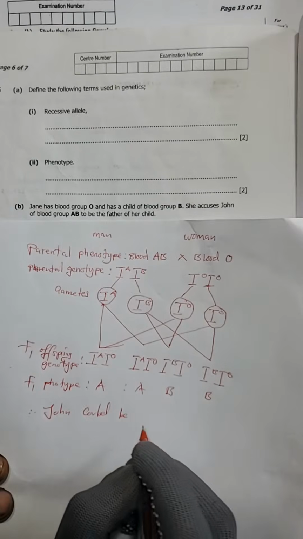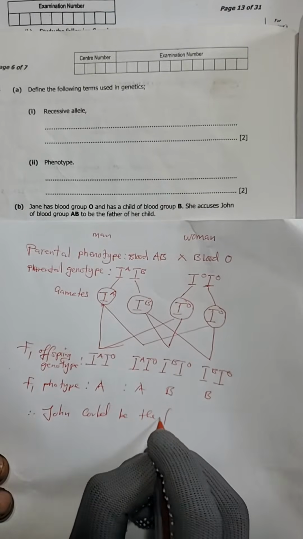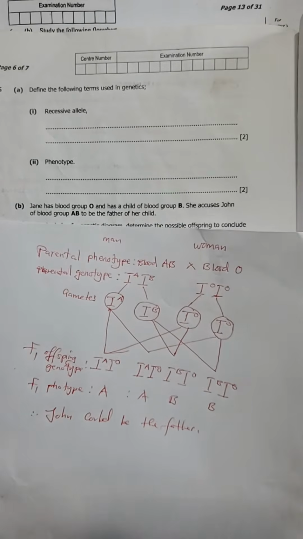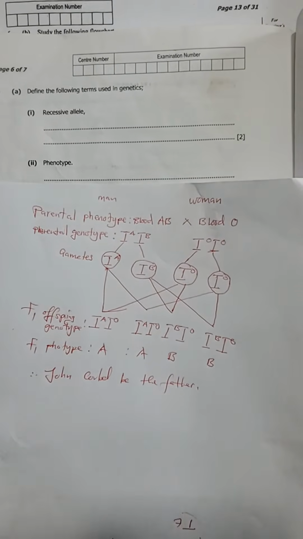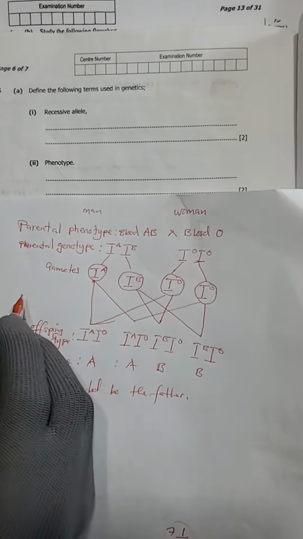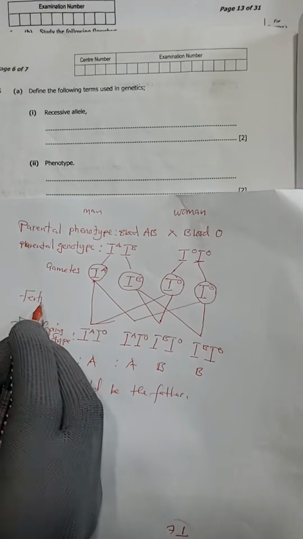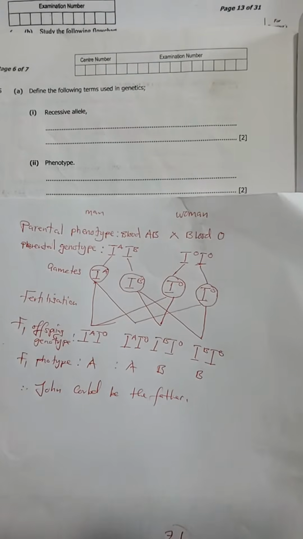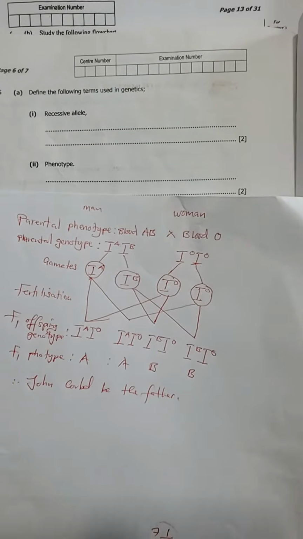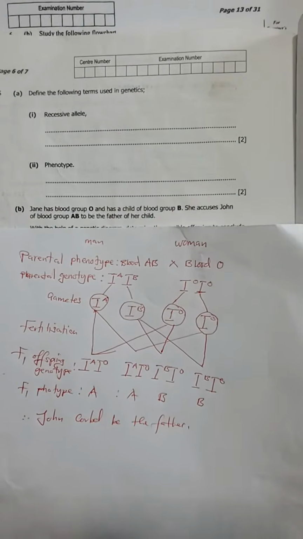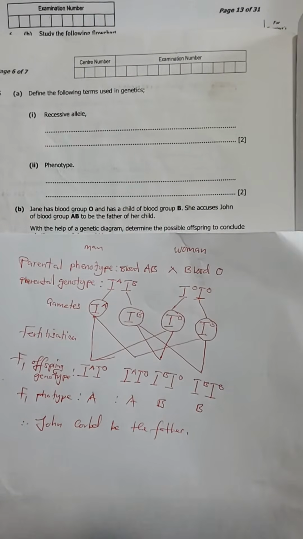John could be the father, because it's possible. By the way, this is fertilization. It's possible you can have a child with blood group B.